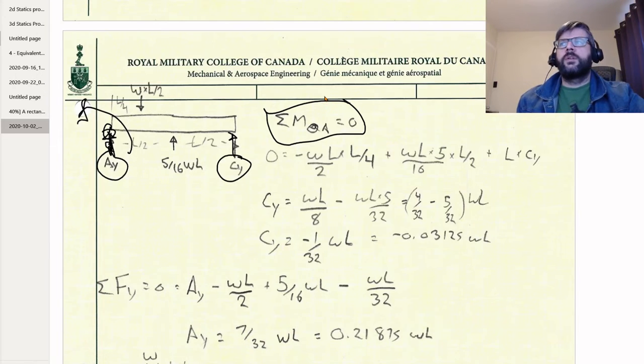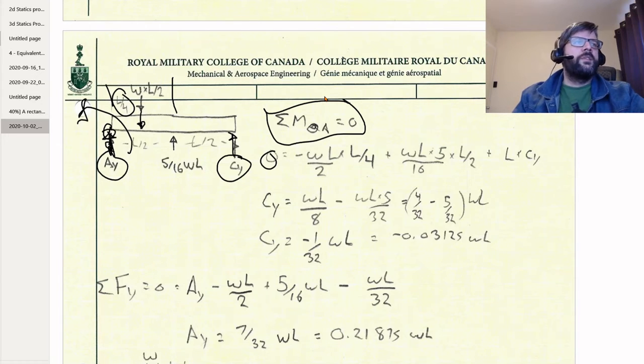So 0 is going to be equal to minus the magnitude of this force here, that's W times L over 2. It's a distributed load times the length it acts over, so L over 2. And then the moment arm there is L over 4, because it's centered about that point.